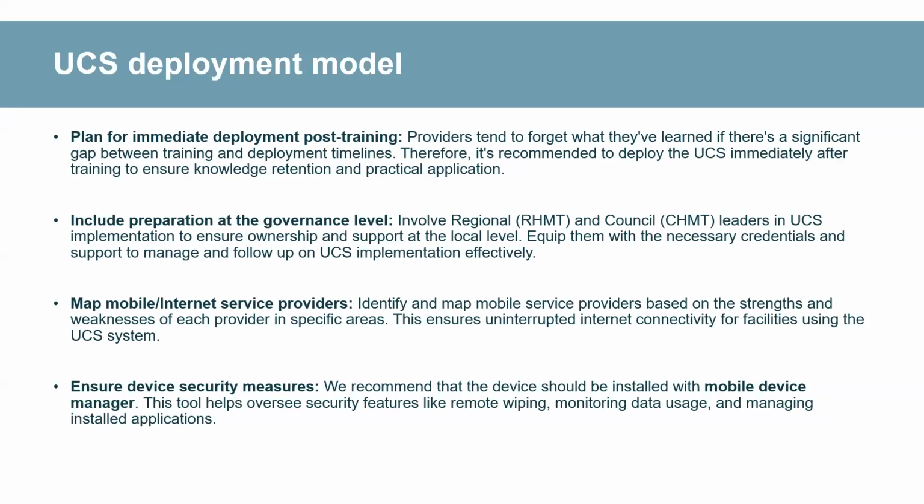So point number 3 here, map mobile or internet service providers. Identify and map mobile service providers based on the strengths and weaknesses of each provider in specific areas. This ensures uninterrupted internet connectivity for facilities using the UCS system.